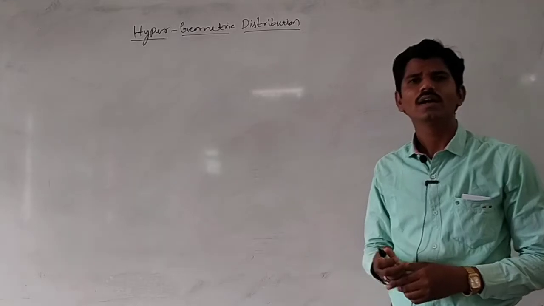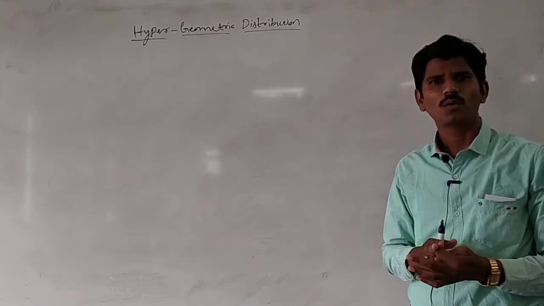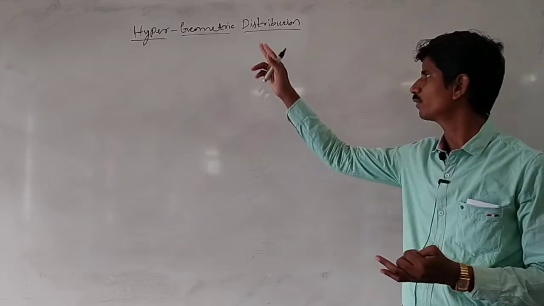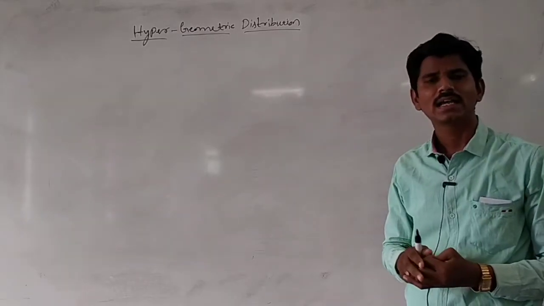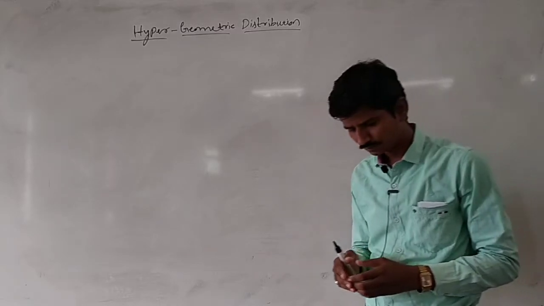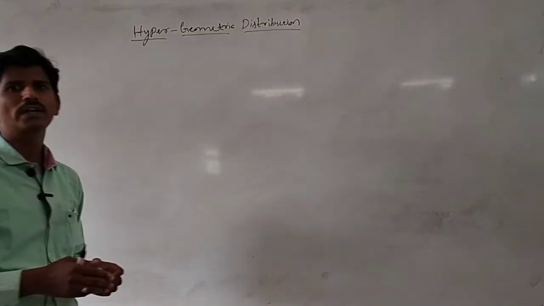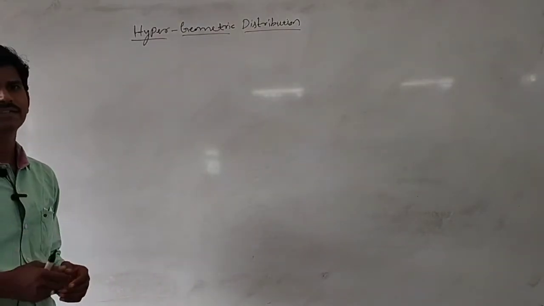It is also a discrete probability distribution. Here, Bernoulli, binomial, Poisson, and hypergeometric distributions are discrete cases, and the remaining three are continuous cases: the normal distribution, the chi-square distribution, and the student t distribution.